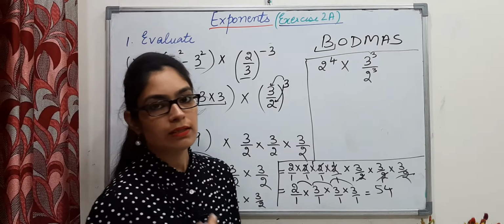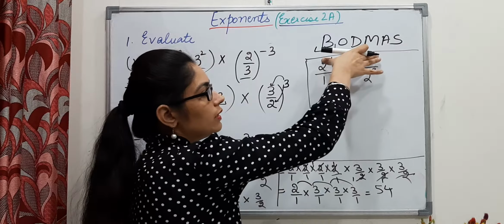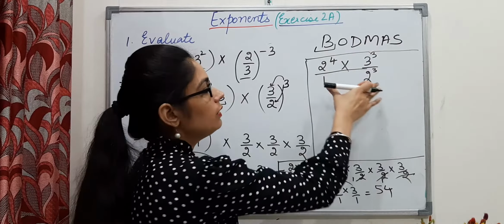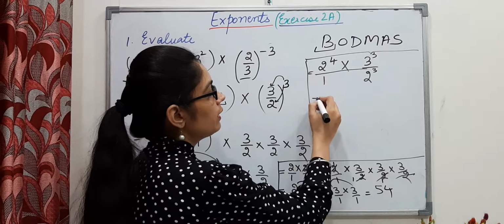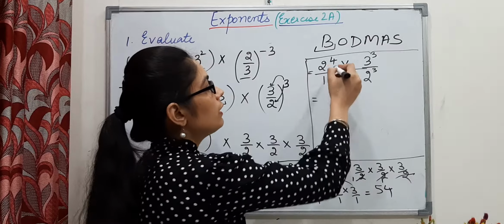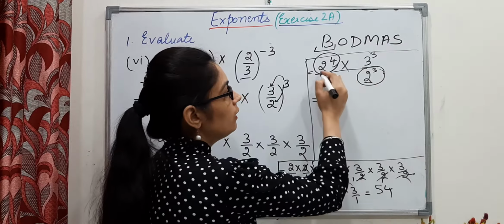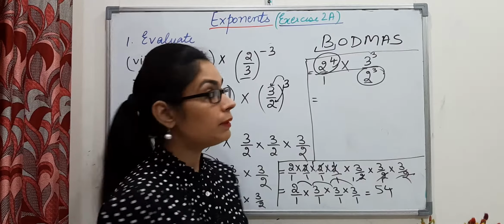Here one easy way we can see: these two are in the numerator, these two numbers are in the denominator. So we can follow the quotient rule. 2 to the power 4 and 2 to the power 3, both bases are the same and they are getting divided.